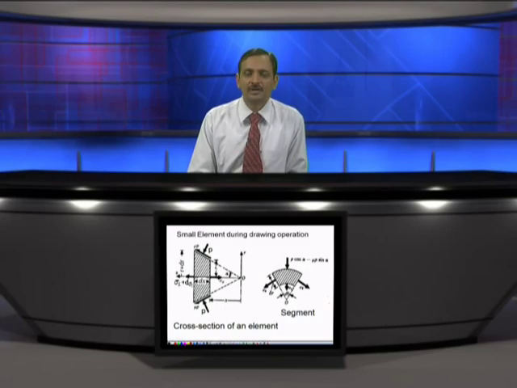So, we are discussing the elemental strip of the drawing process, in which different stresses are acting along the x axis, and whatever the conical shape is, for that we have taken the forces along the x axis. Now, we have to take the radial direction. For that we have to go to our screen.